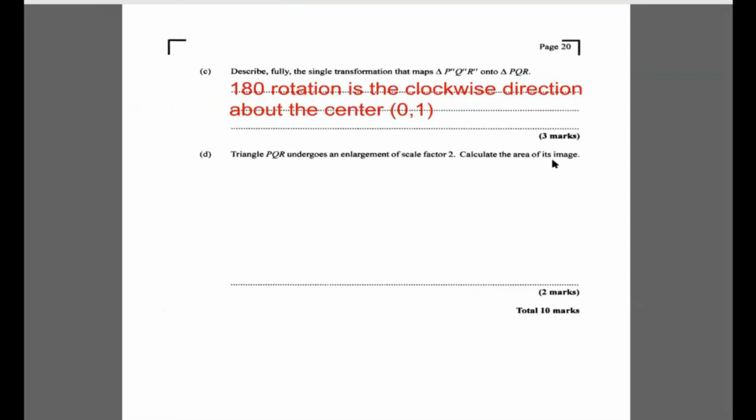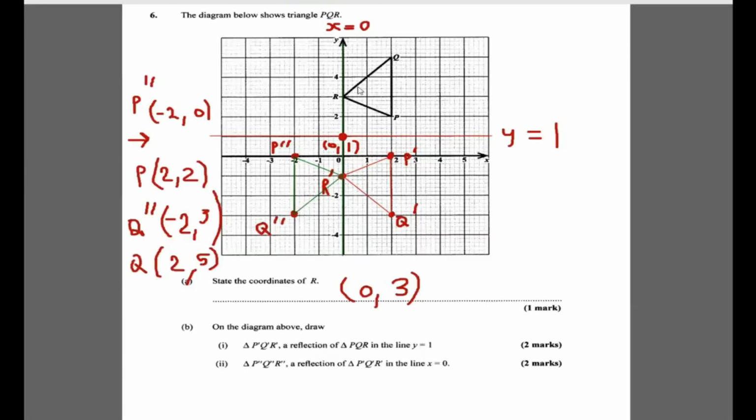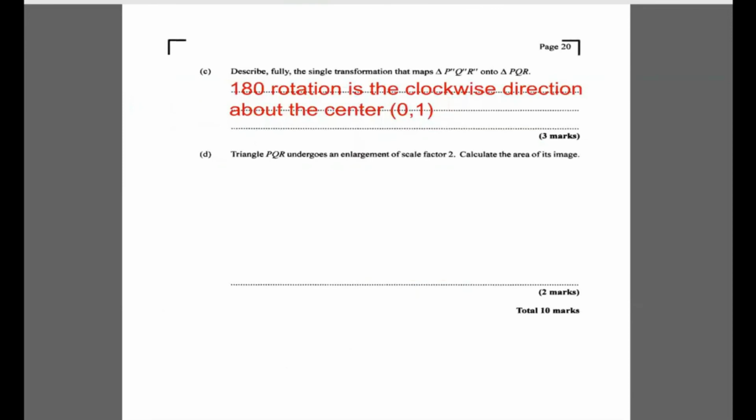And then what would be the area of its image? All right, now, if it undergoes an enlargement of scale factor 2, I just want you to picture what is happening.